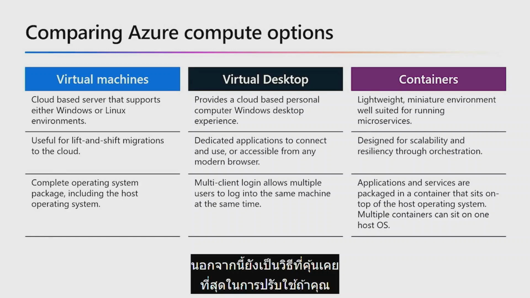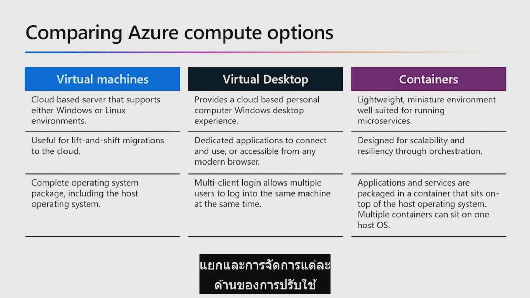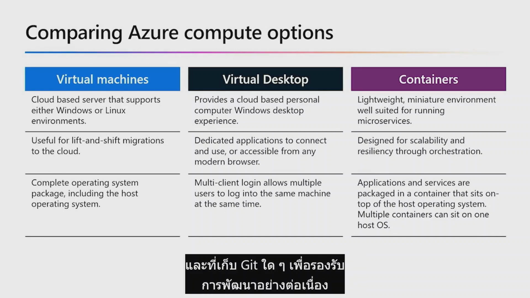They can also be the most familiar way to deploy if you're just starting with the cloud. Containers, with their isolation capabilities and individual management of different aspects of the deployment, can also be a reliable and efficient option. It enables automatic deployment from GitHub, Azure DevOps, and any Git repository to support continuous development.